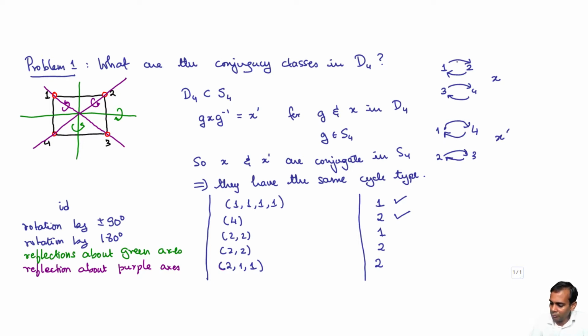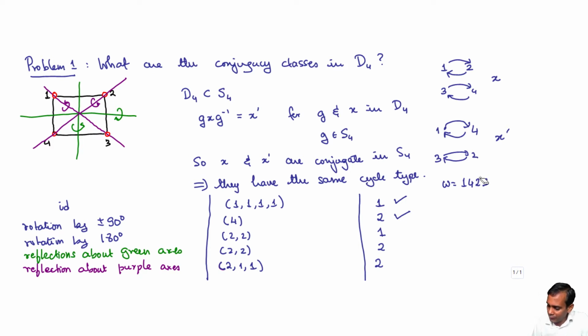And now we can write W by just taking 1 to 1, 2 to 4, 3 to 2, and 4 to 3. But that element is not in the dihedral group. So let's try a little trick here. Let's write this cycle the other way around, 1 4 3 2.